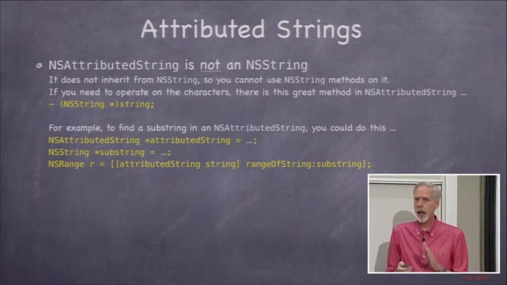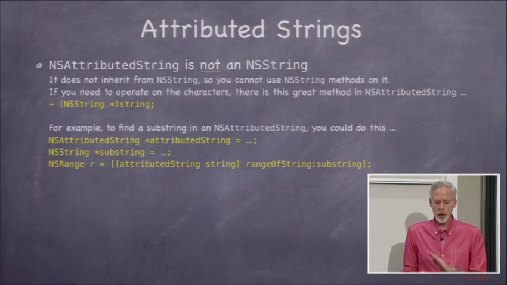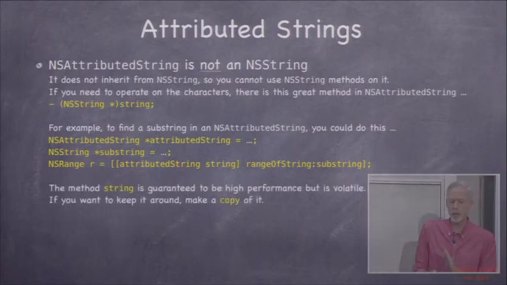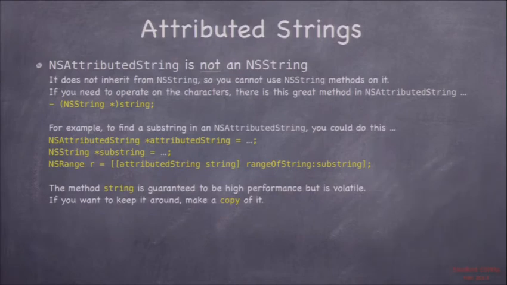Now, that string method is guaranteed to be very high performance, because you're doing this all the time. You want to look at the NSAttributedString like a string. So it's high performance. However, it's also volatile. Bottom line is, this thing is probably returning you a pointer to that NSAttributedString's internal data structure, or some parts of it. You don't really know what it is.